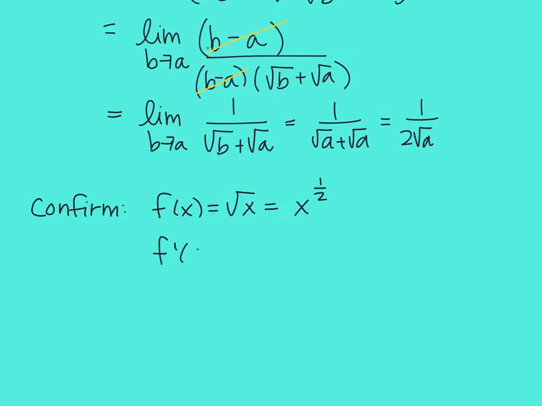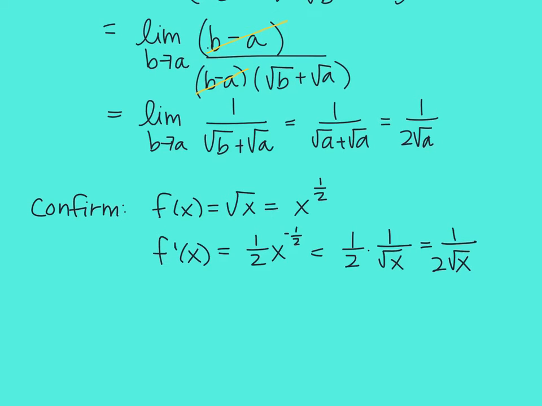And so then f prime would follow the power rule, which would be 1/2 x, and then the subtraction of 1. And so I have 1/2 minus 1 becomes negative 1/2, which is 1/2 times 1 over rad x, which is 1 over 2 rad x, which was the same thing I got doing Leibniz's way. I just had a instead of x.